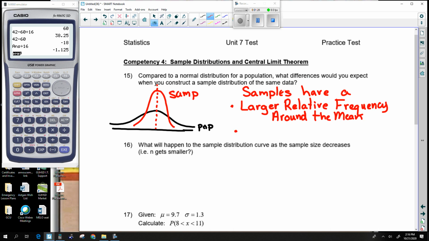And I see that it's more narrow, so that will be a smaller standard deviation. Remember that you have to mention both of them, and they're always going to be opposite of each other.